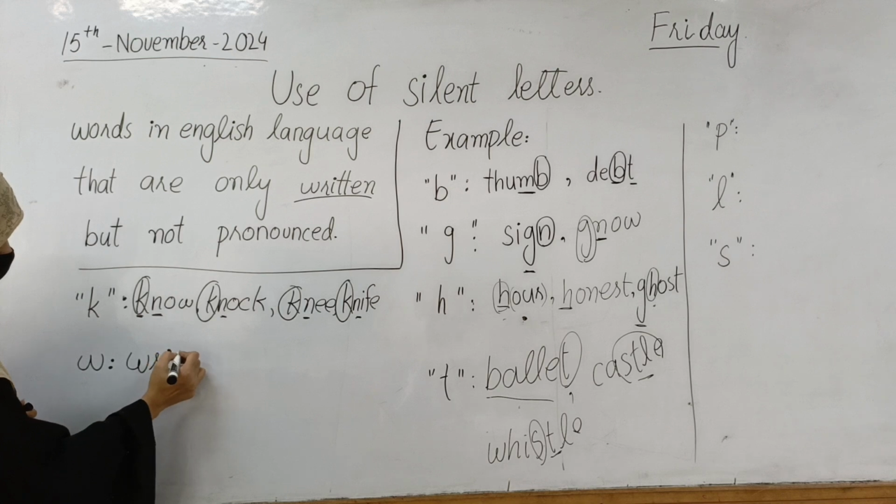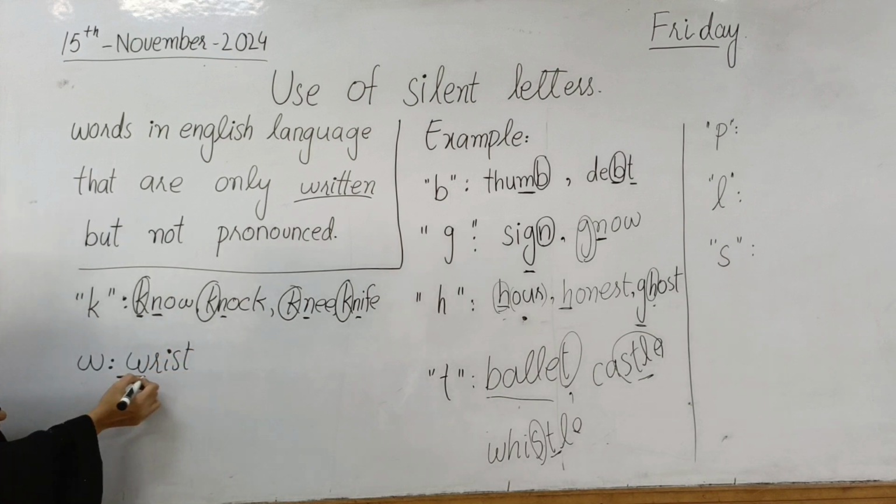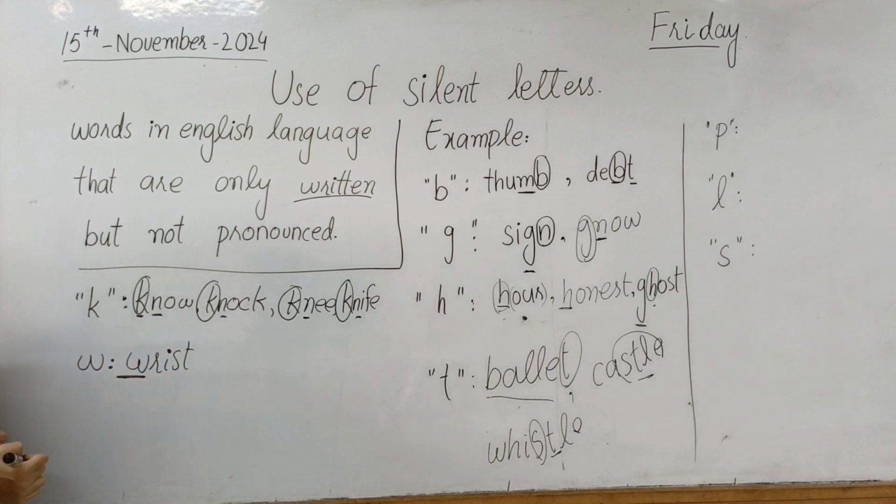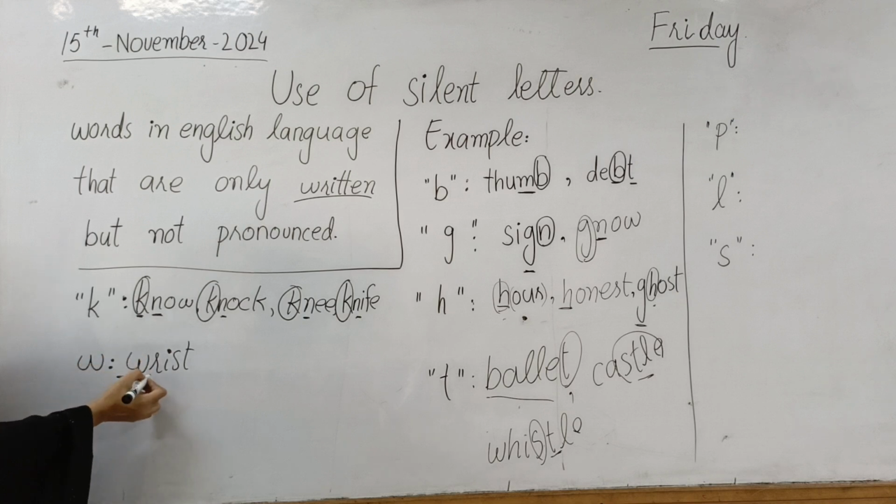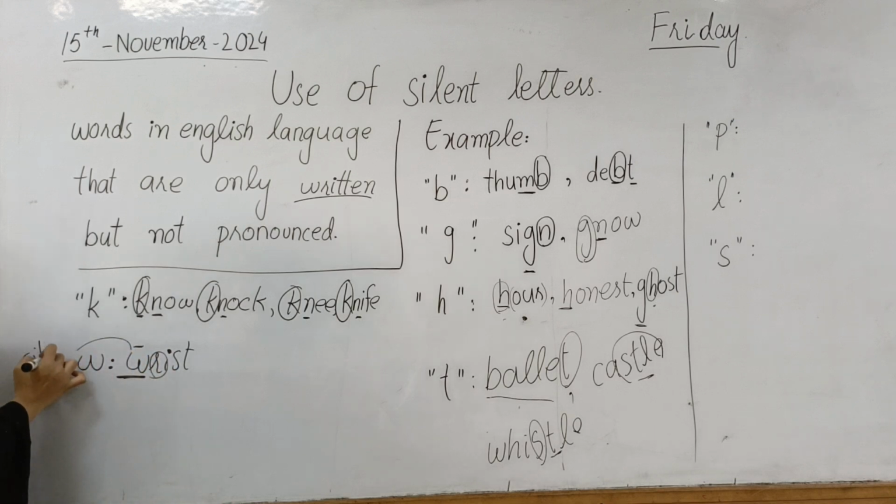You can say wrist here, before R, especially in the beginning of the words. Before R, the letter W is silent.